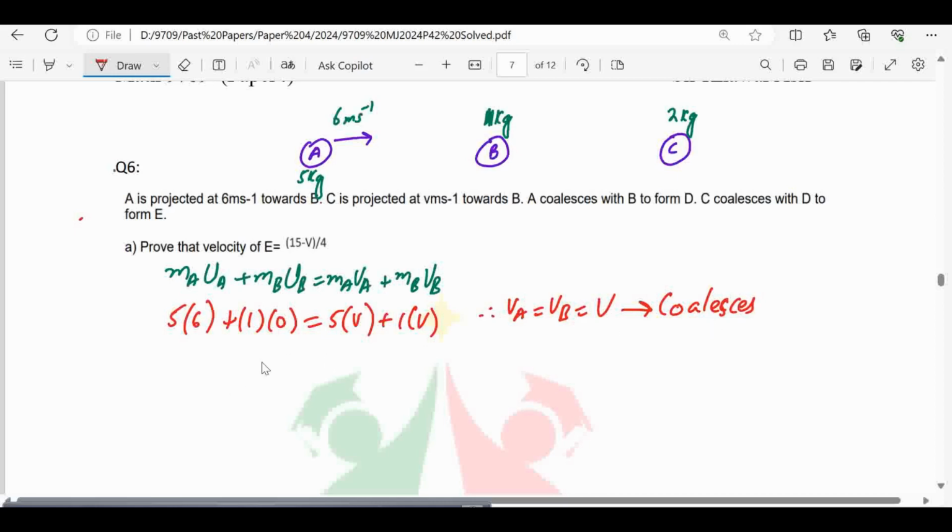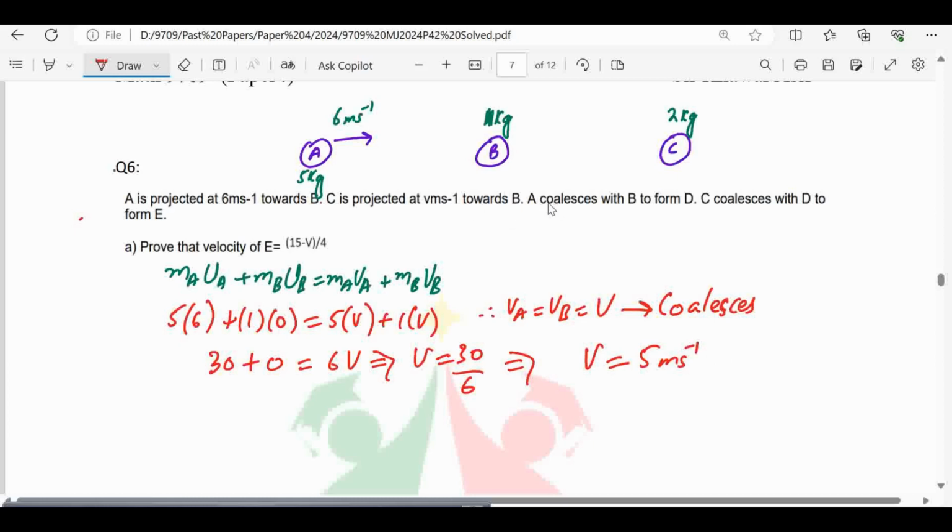Simplifying, 30 plus 0 is equal to 6V, so V equals 30 divided by 6, which is 5 meters per second.